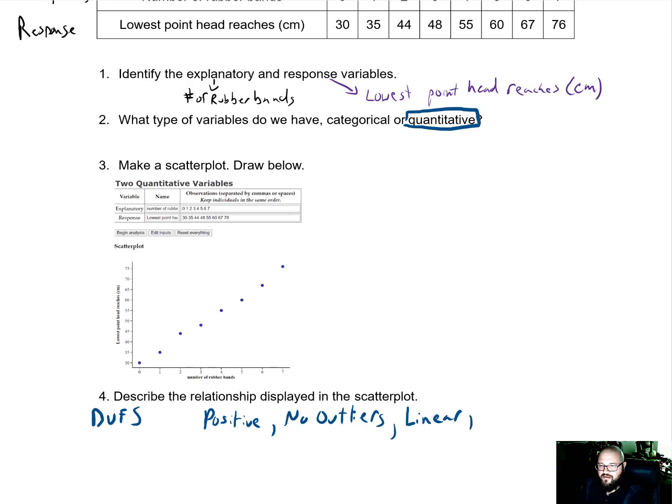And strength, in which case you feel it's strong, moderately strong, weak. How would you like to classify that? On this one, I would say it's pretty strong, because if you were to draw the line in between there, you should be almost touching every data point. So therefore they're all in line with each other. So it has a strong relationship.